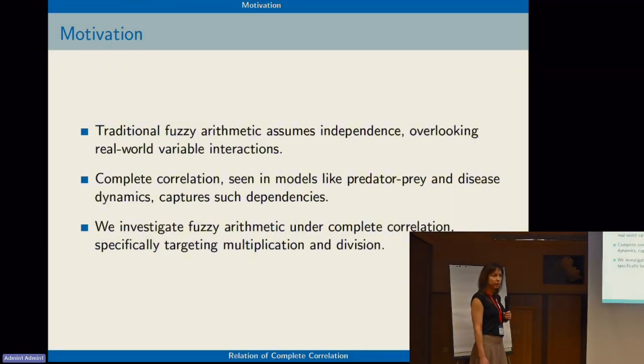In this talk, I will speak about a particular case of interactivity. It's called complete correlation or linear interactivity. And I will introduce two operations, division and multiplication, which take into account this relation of complete correlation.